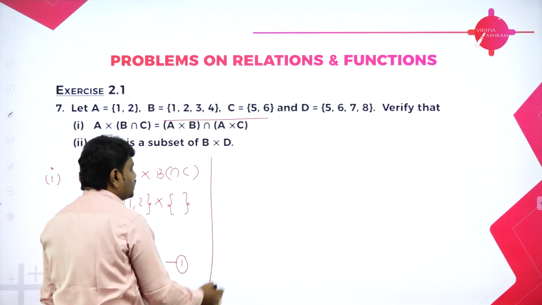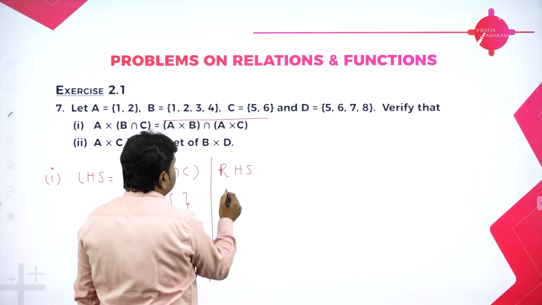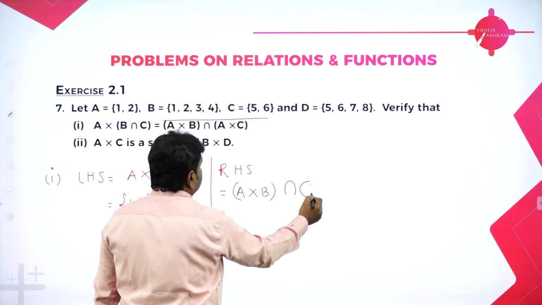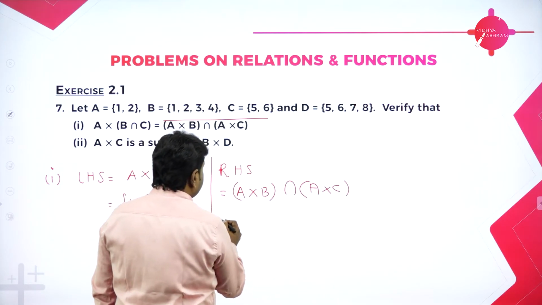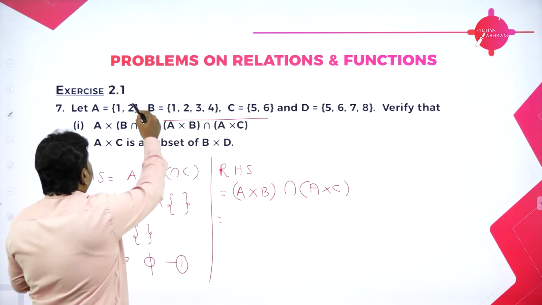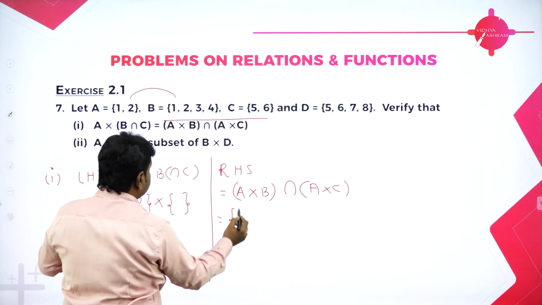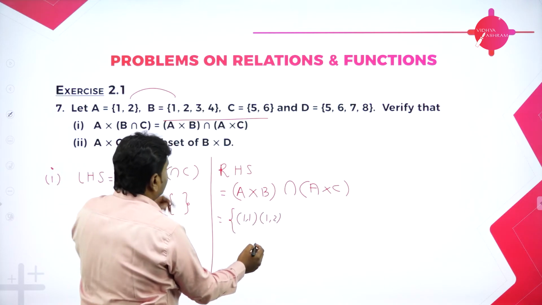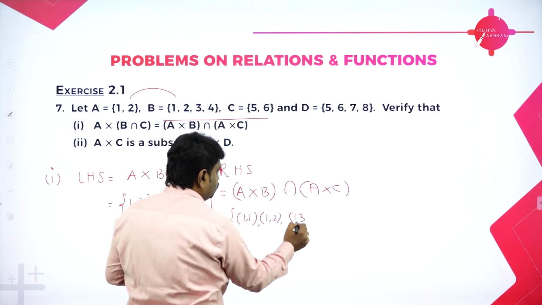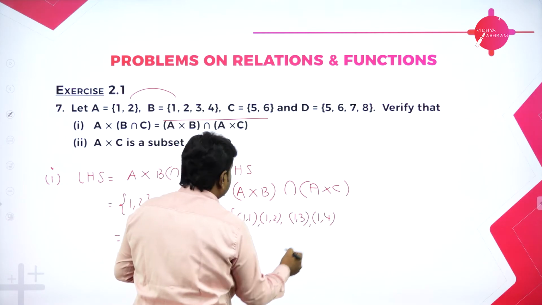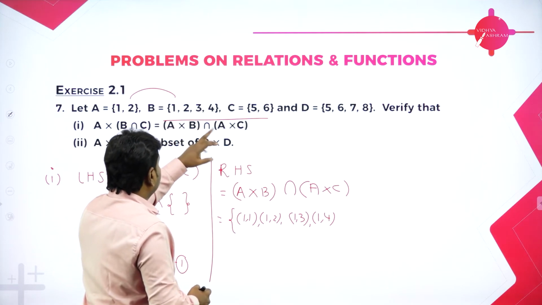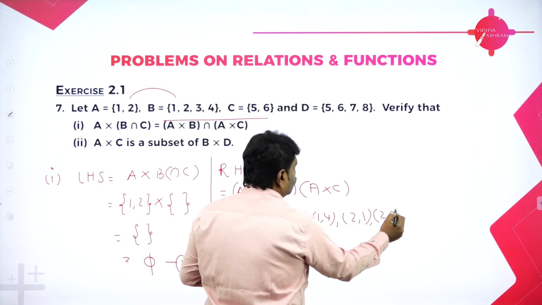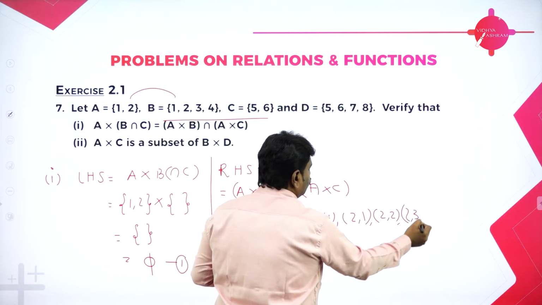Then take RHS. What is RHS? (A cross B) intersection (A cross C). Now what is A cross B? Find the Cartesian product of A and B. So A cross B is a set containing (1,1), (1,2), (1,3), (1,4), then (2,1), (2,2), (2,3), (2,4).